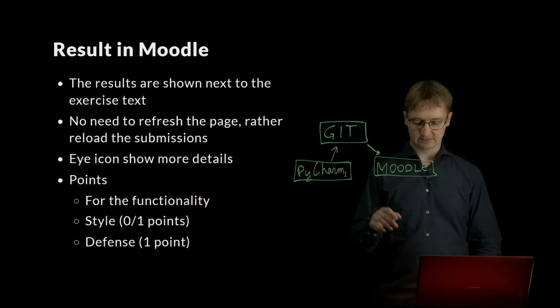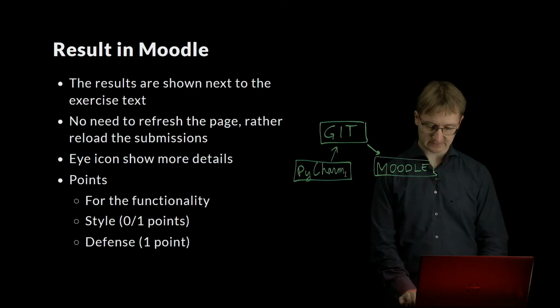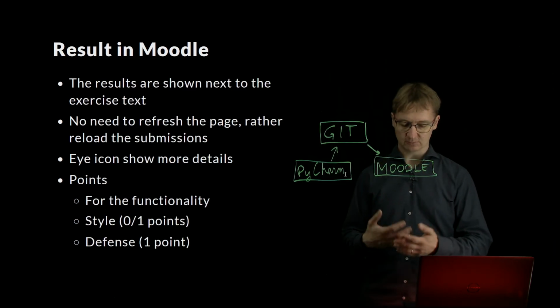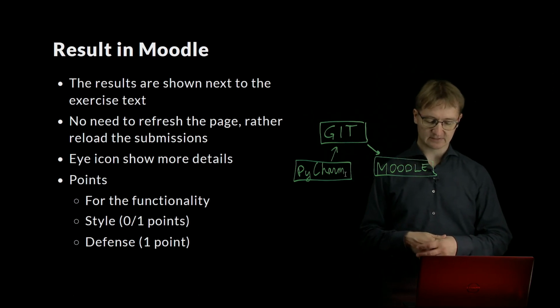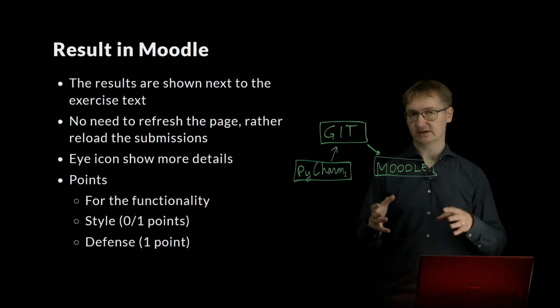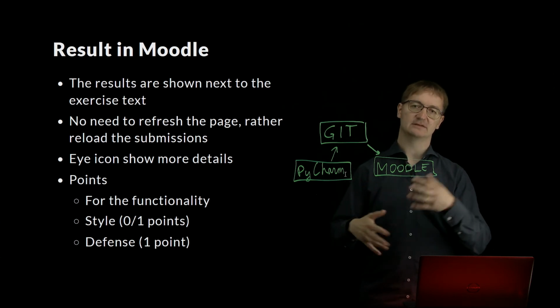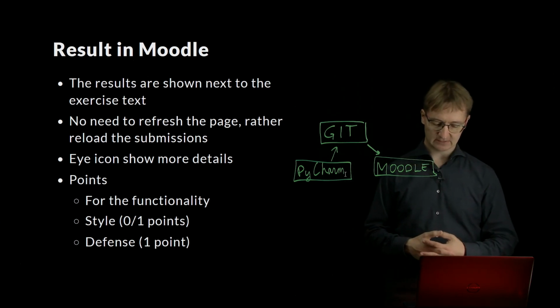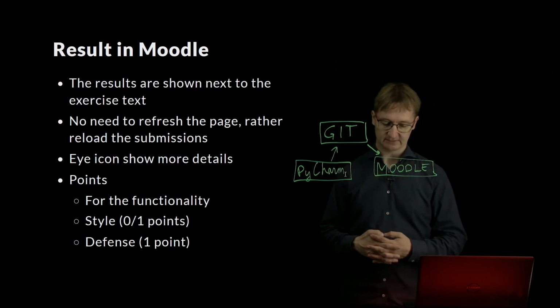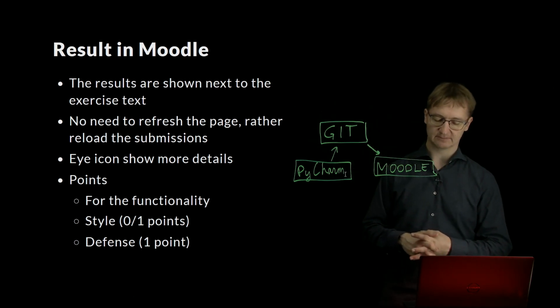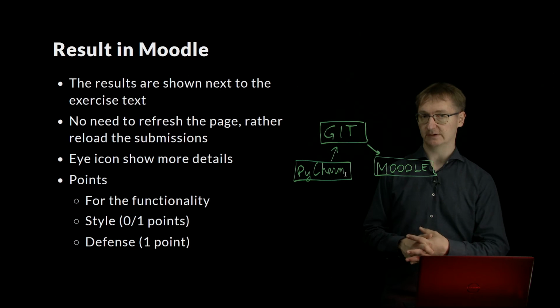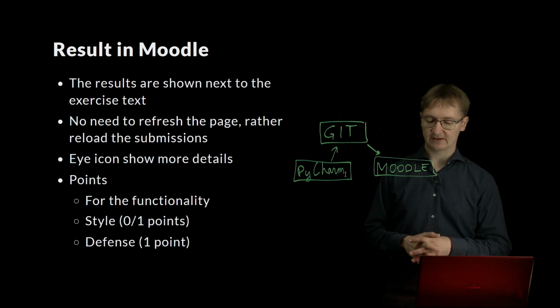There are 3 kinds of points. For this example, there are only 2 kinds of points, but basically there are 3. One is for functionality. So you get the result based on how many tests you passed. Then there is the style, and the style point can be either 0 or 1. If I have at least 1 style error, I automatically get 0 points.